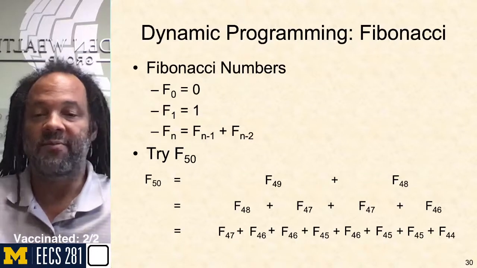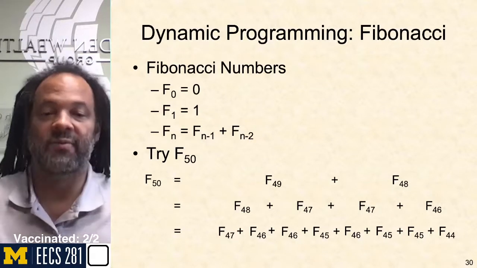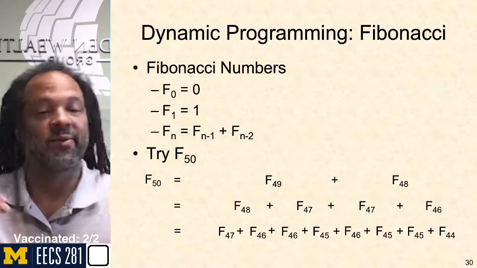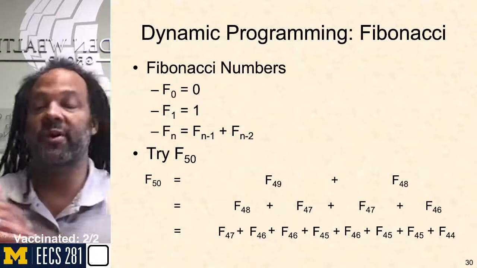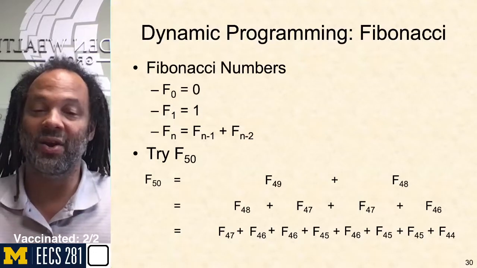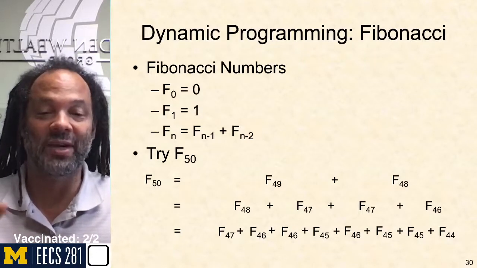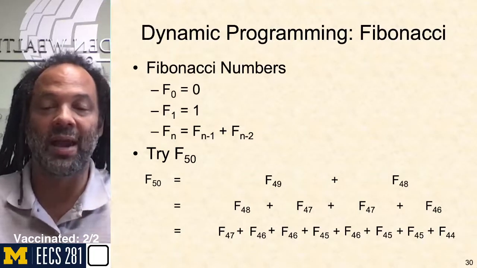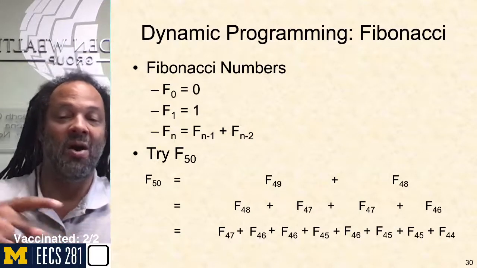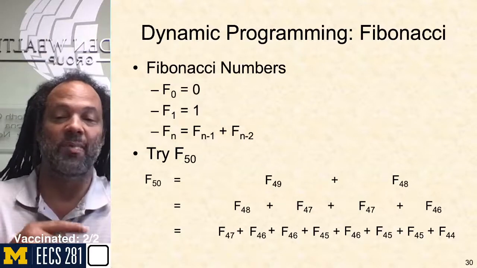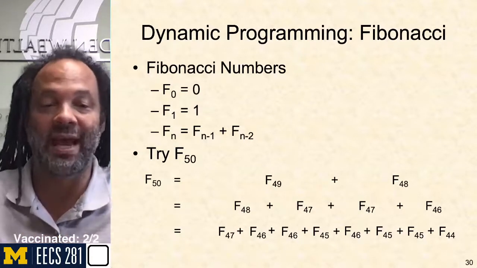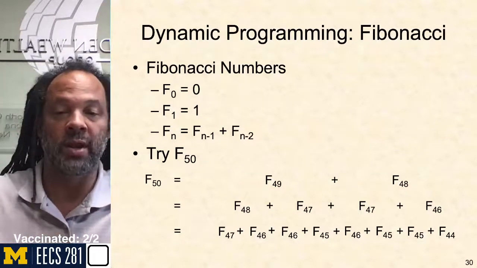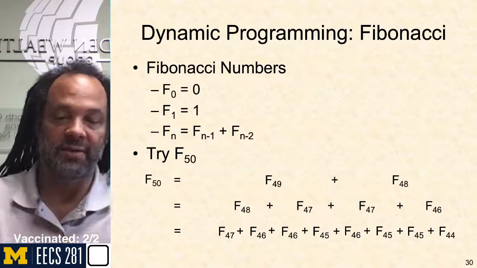We end up with fib 50 is really fib 47 plus fib 46 plus fib 46 plus fib 45 plus fib 46 plus fib 45 plus fib 45 plus fib 44. And if you were listening there, you heard that I hit fib 46 3 times. I hit fib 45 3 times as well. So I'm doing a lot of work in those because I've got a long list of things that show up under this that do not fit on this slide as we get ourselves all the way down to the base case of fib 0 and fib 1 to make my solution to fib 50.